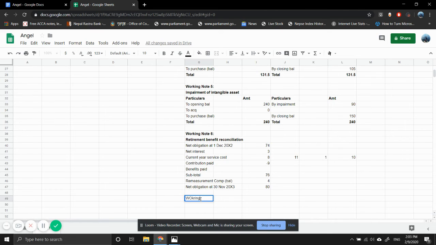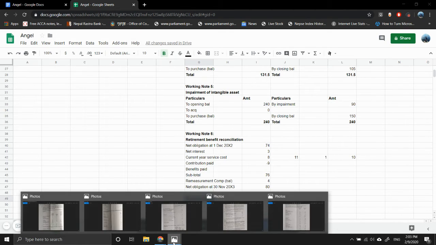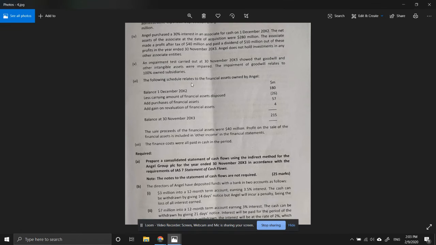Okay, so what I'll do is, let's prepare a working for financial asset as well. See what's happening over there. We will need it for investing activities anyway, so do we really need it? Because in this time frame we purchased this much.